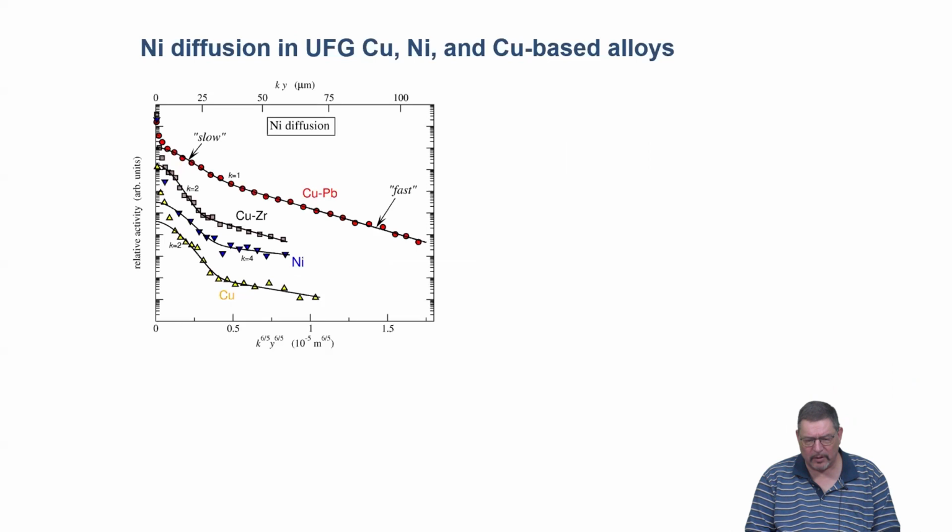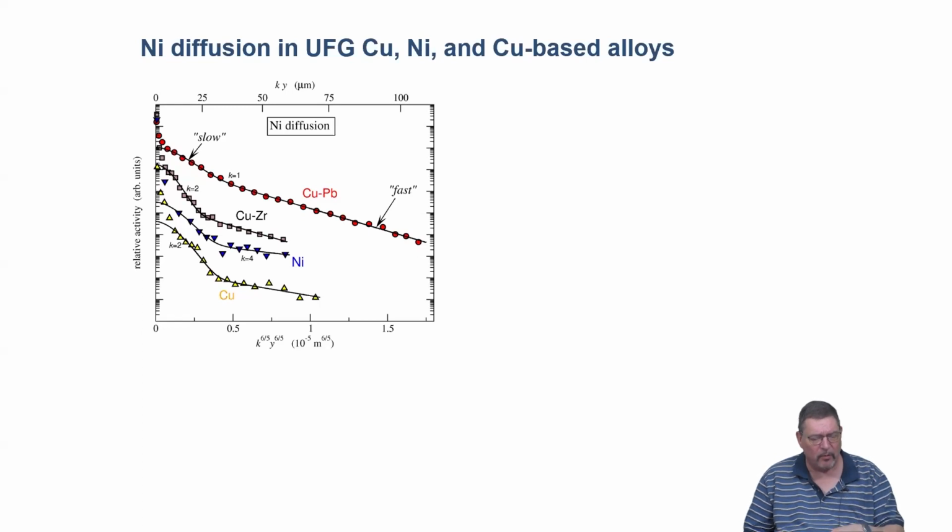And so if we look at materials which have been severely deformed, and we just look at, for example, the grain boundary diffusivity of nickel in these different materials, all of them were severely deformed, as indicated. Then just for the grain boundary diffusion part, we still see two branches.